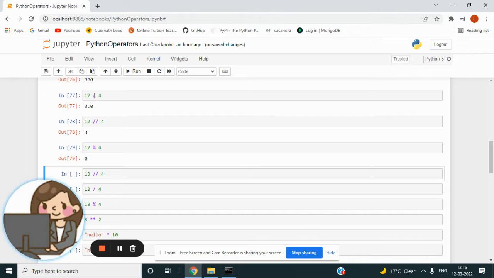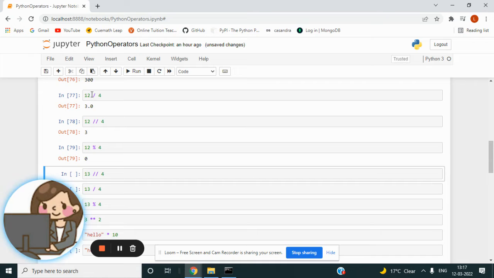When we use only a single division operator, it performs a decimal division. This is known as a floor division or integer division operator, where we have two division symbols. It performs a division and returns only the quotient part, the integer part. Here it performs a division and returns the remainder.